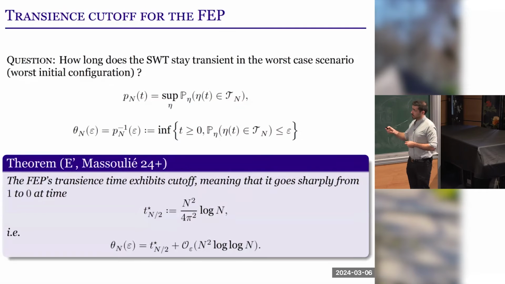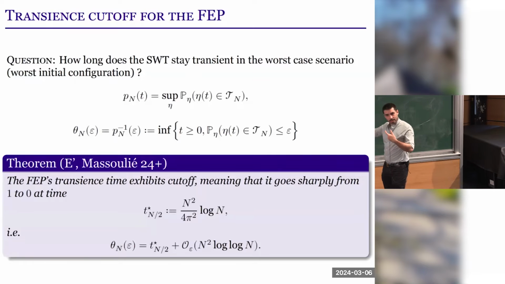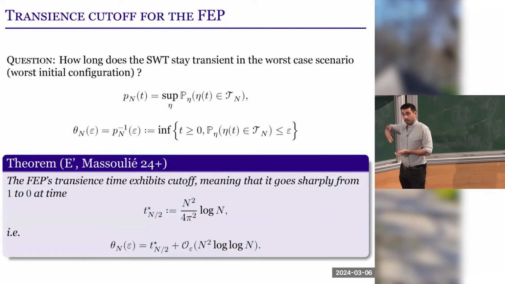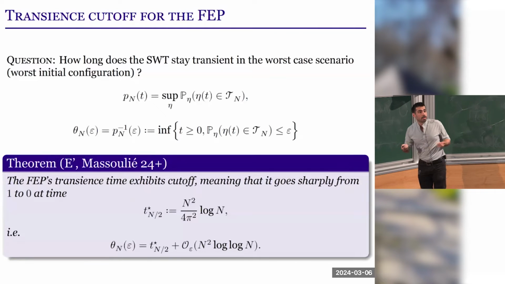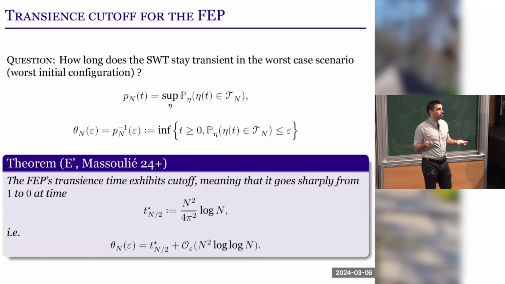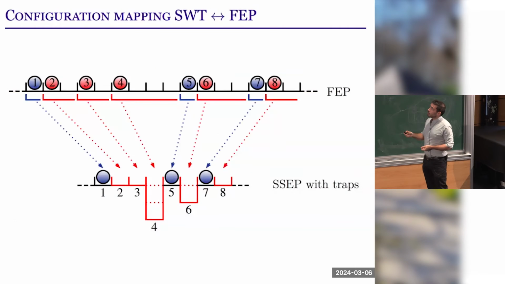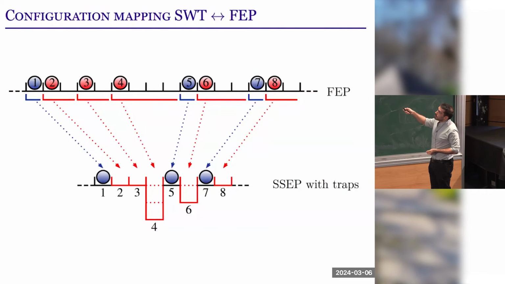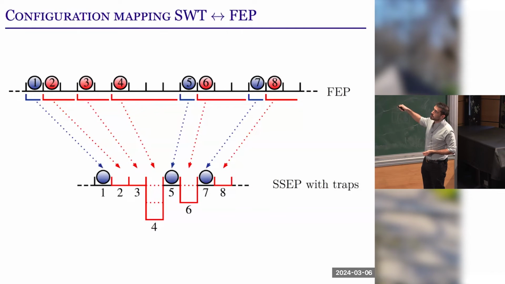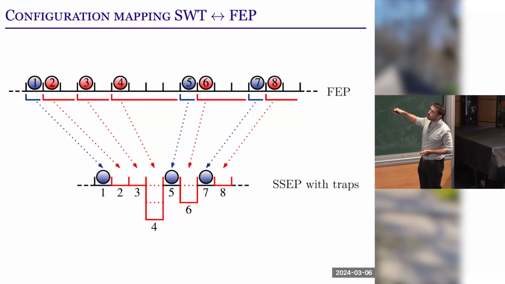Of course, if I'm mentioning the SSEP with traps and then I tell you about the FEP and I mention two results that look eerily the same, there must be a connection between the two. And the connection is this one. You have a very nice mapping between the SSEP with traps and the FEP. So you start from a FEP configuration, and you number its particles. These particles in the FEP correspond to sites in the SSEP with traps.